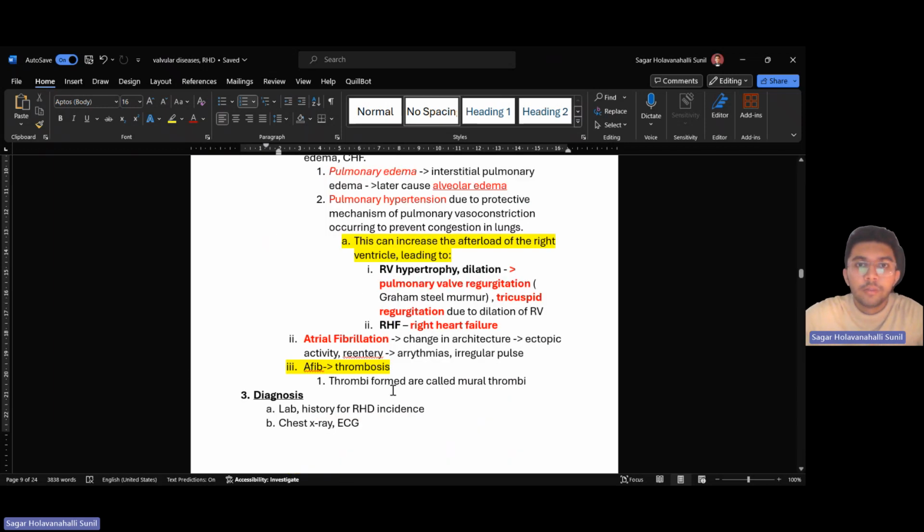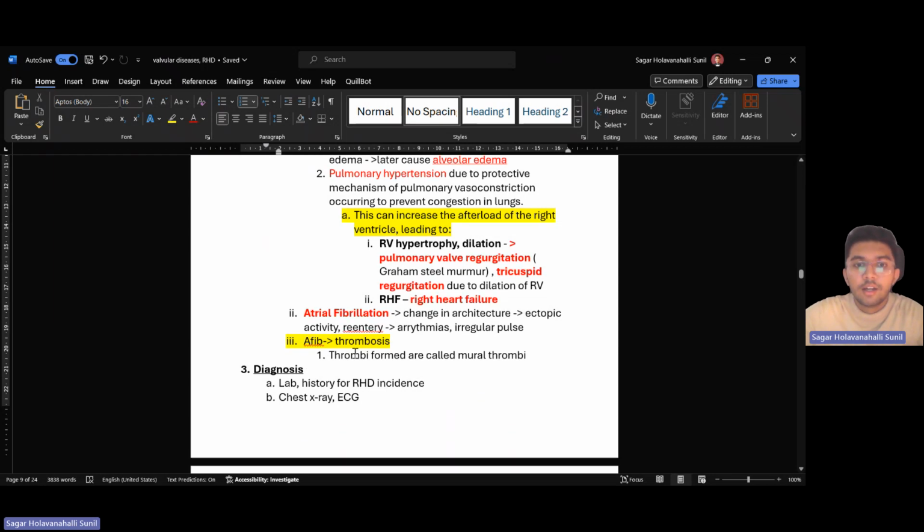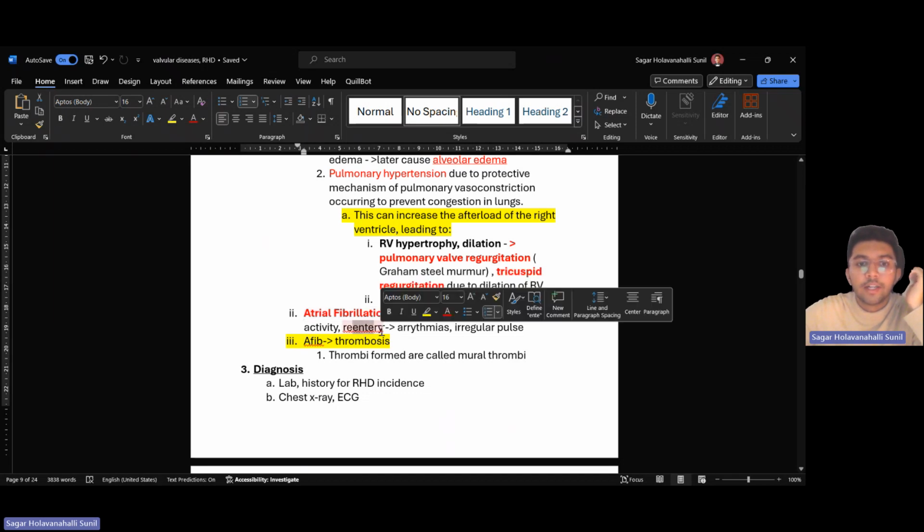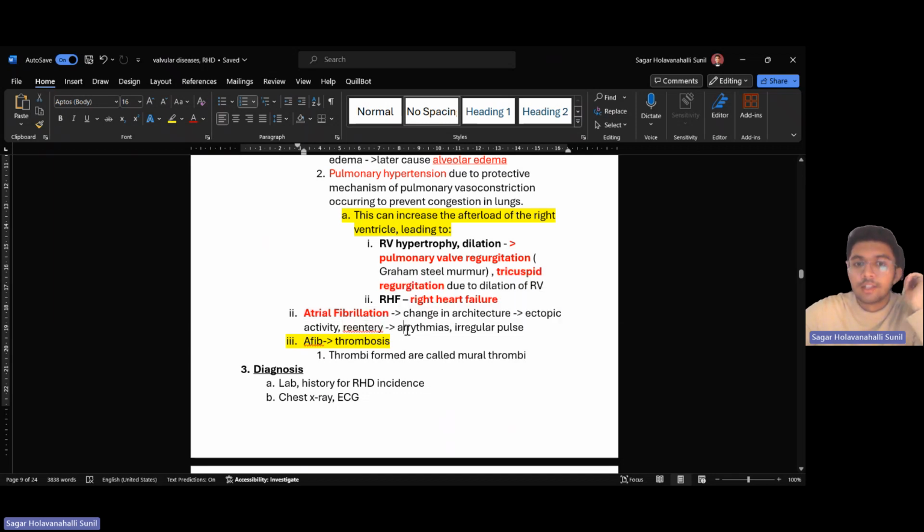When this happens, ectopic foci of electric potentials are generated, and this can lead to atrial fibrillation. With atrial fibrillation, there can be re-entry mechanisms, etc., which can ultimately cause arrhythmias and an irregular pulse. This can again predispose the blood to stagnation or turbulent blood flow within the left atrium. This will lead to thrombus formation.